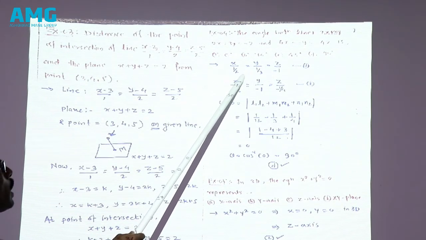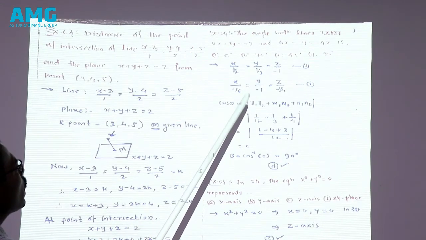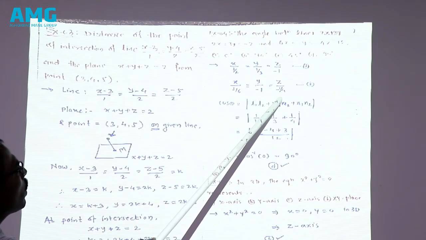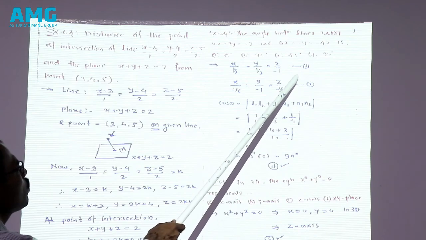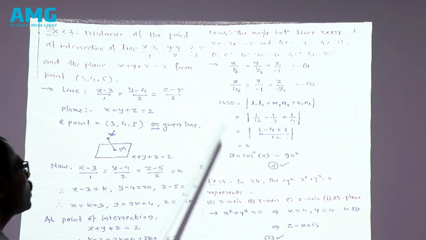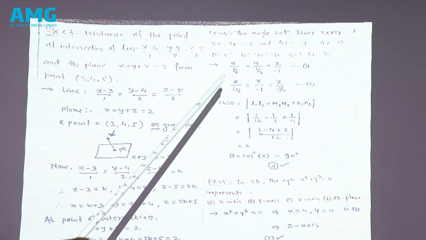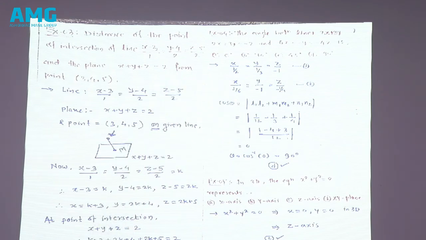Therefore, x upon 1 by 2 is equal to y upon 1 by 3 is equal to z upon minus 1, and x upon 1 by 6 is equal to y upon minus 1 is equal to z upon 1 by 4, in this way. Then these two equations are given here, but these denominators are just fractions. Therefore, we can choose them as the direction ratios, that is l1, m1, n1 and l2, m2, n2.